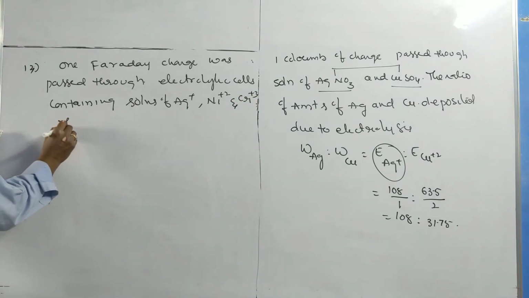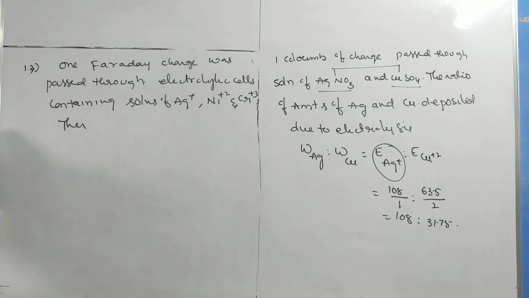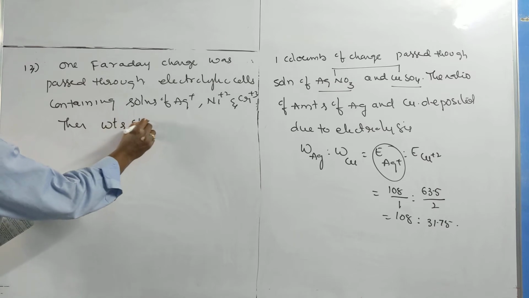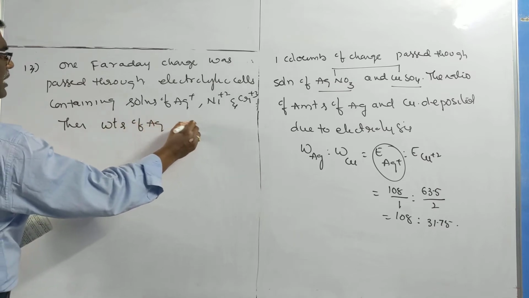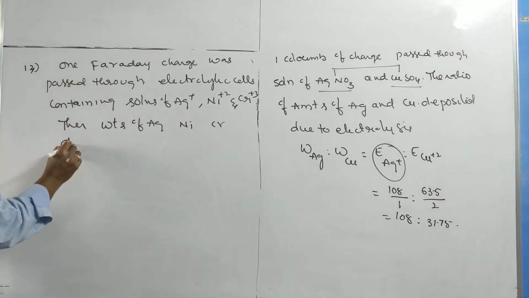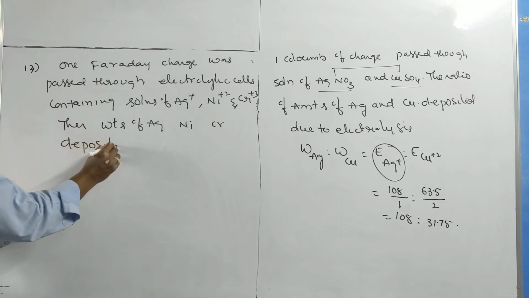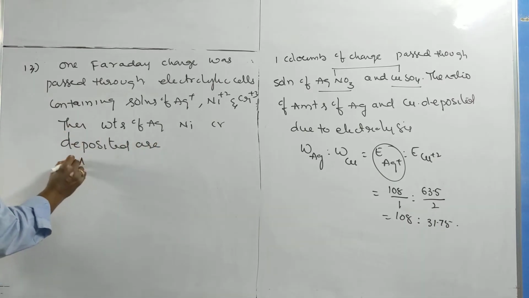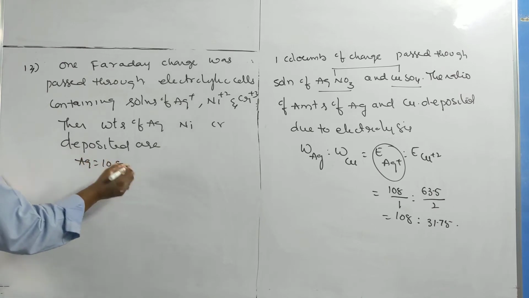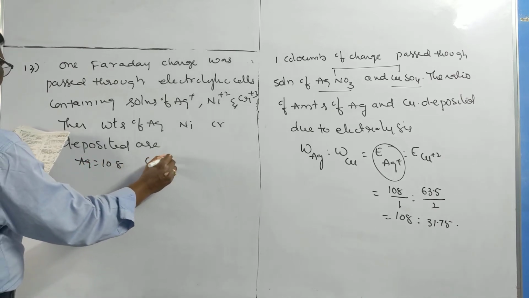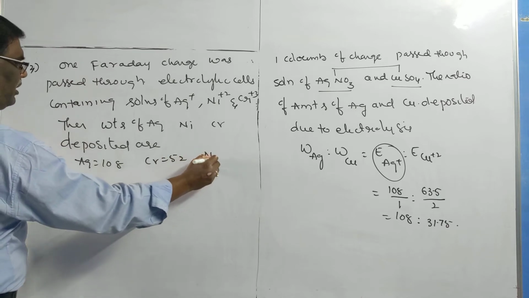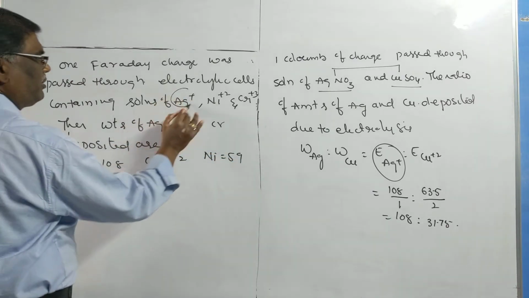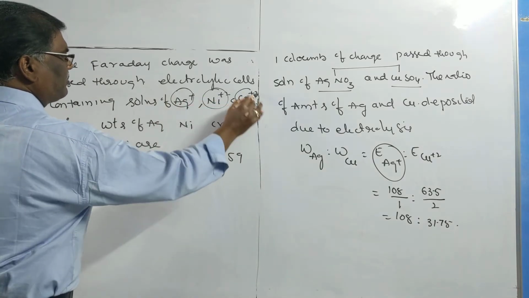Then the weights of silver, nickel, chromium deposited are dash. Now you are provided atomic weight of silver 108, atomic weight of chromium 52, atomic weight of nickel 59. Now here the comparison is between one more substance.